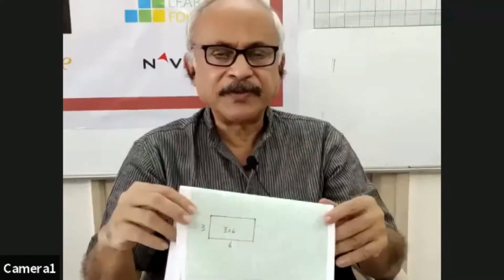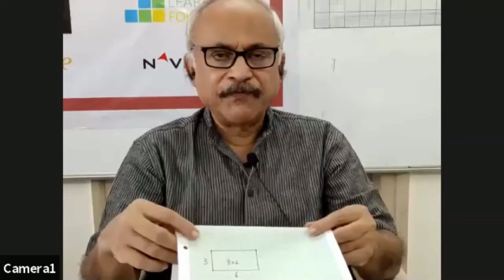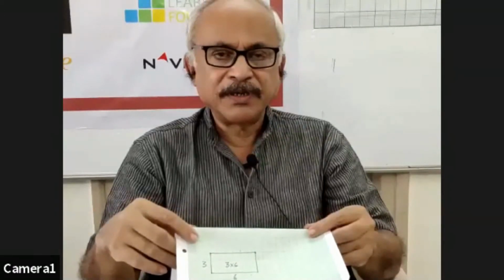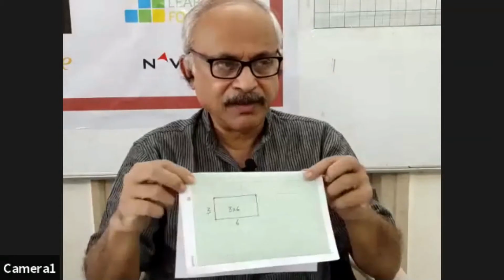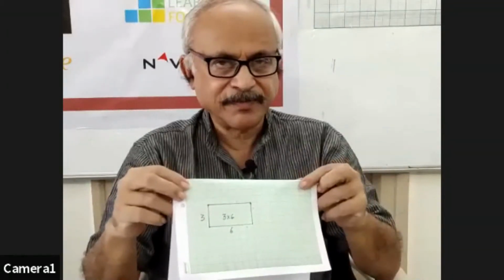The next problem is draw 5 into 9 on your graph paper. Draw 5 times 9, in the form of a rectangle. Okay? That's the next problem.